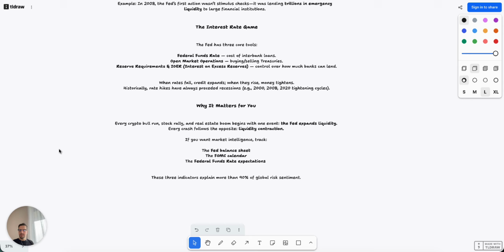So these three indicators already explain more than 90% of global risk sentiment. Whatever happens in the market is based off these three tools, these three market indicators, these three metrics.